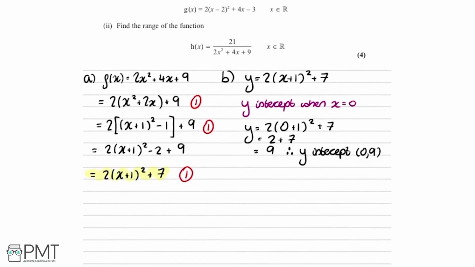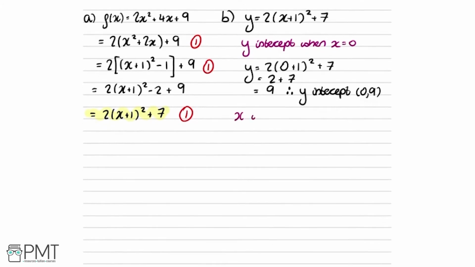So I'm going to think about the x-intercept. So the x-intercept is when y equals 0. So we set y equals 0, so 0 equals 2(x + 1)² + 7. Okay, so if we take away 7 from both sides, we've got that 2(x + 1)² equals minus 7.